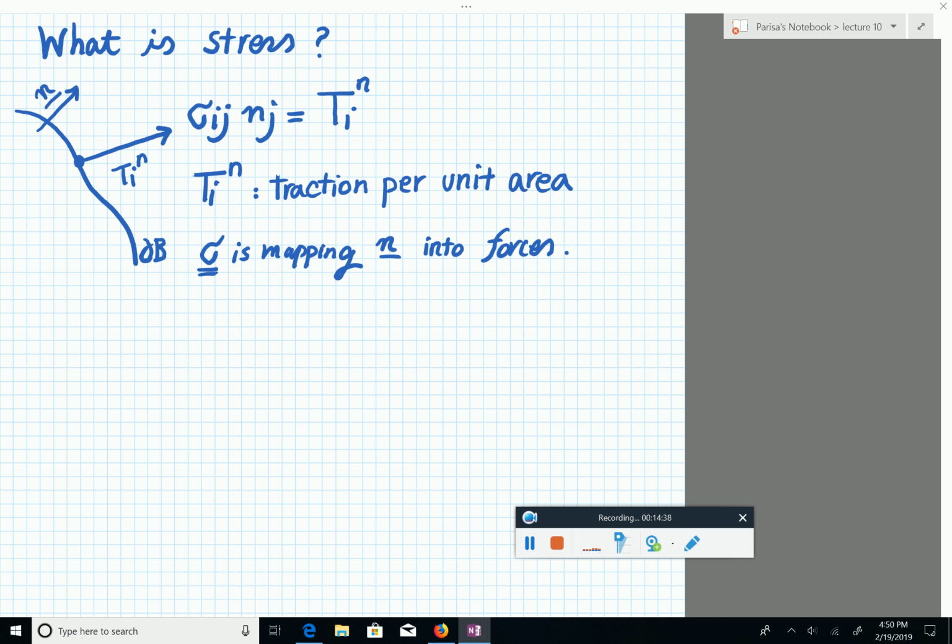And they are very different, because how many components of a stress do you have? Consider symmetry. 6. How many components of traction do you have? 3. These are two different problems. You cannot say, I have a stress boundary condition, but you define traction, or vice versa. So it's an important distinction to make, and it's a graduate kind of definition for a stress.